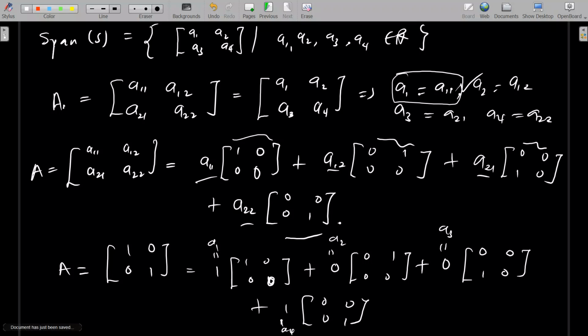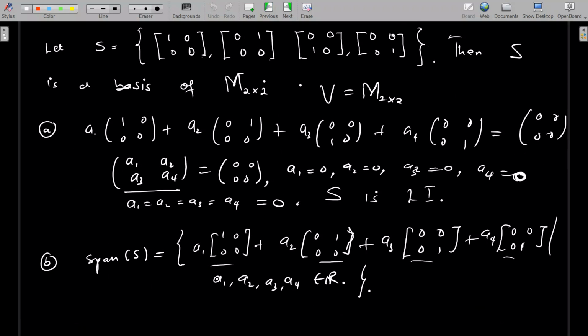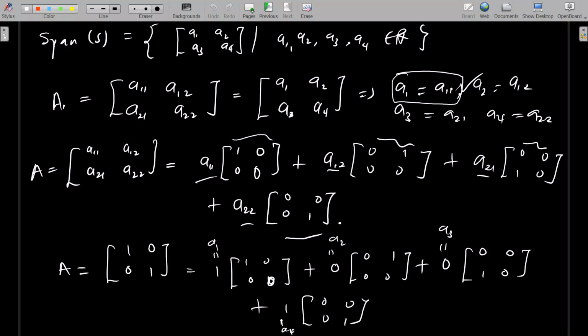Okay, so this shows that the given set S is actually a basis for the M2 by 2 matrices. I want you to try this. Actually, I'll upload a video on that, which I would say is a bit difficult compared to the rest.